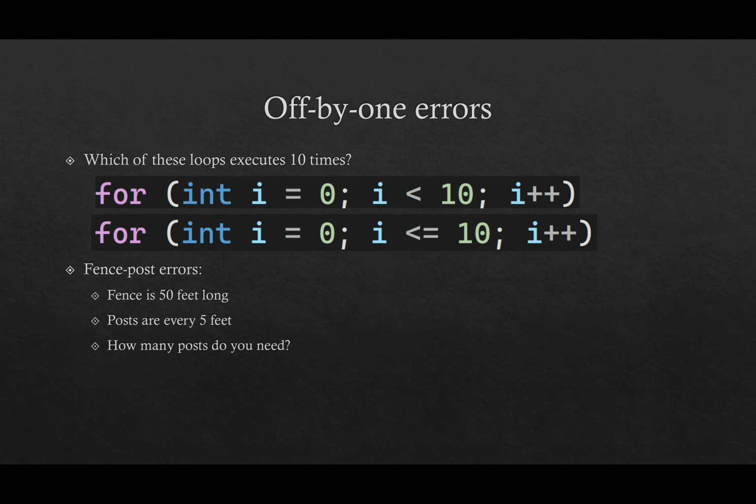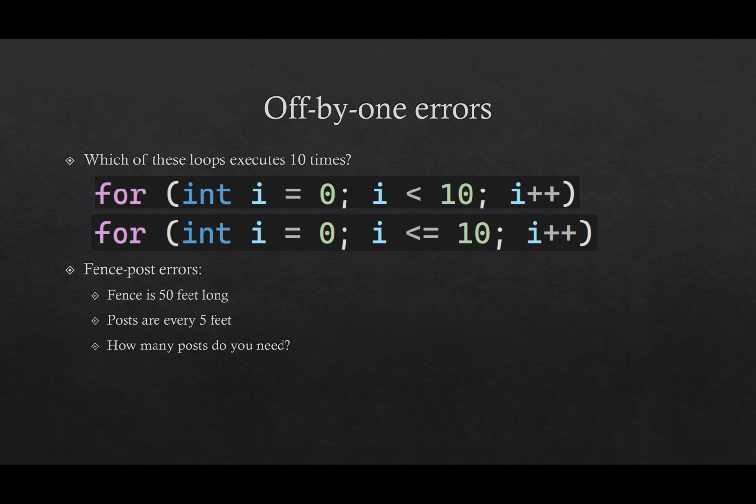There are various ways you can end up with off-by-one errors. So here, for example, let's take a look at these two for loops. Which one of those loops executes 10 times? In the first loop, we initialize the integer I to 0. We execute the loop as long as I is less than 10, and after each iteration, we increment I. For the first iteration, I will be 0, which is less than 10.